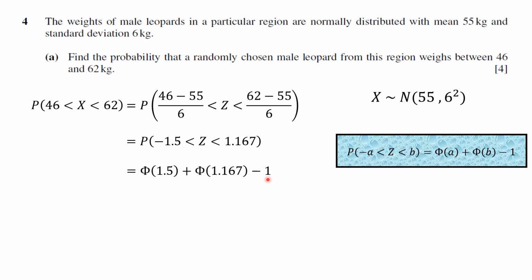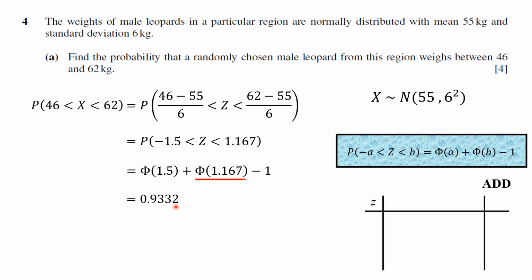Using our normal distribution table, our z table in the formula booklet, phi of 1.5 is going to be equal to 0.9332. And what about phi of 1.167?